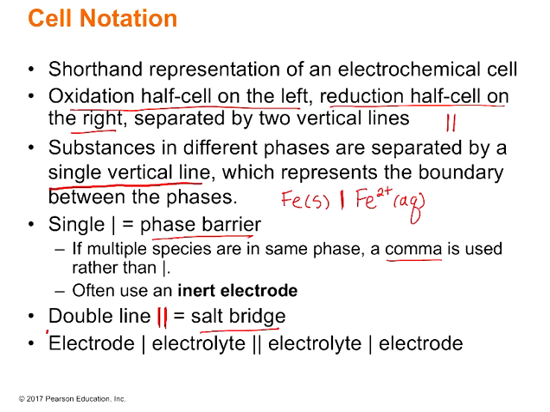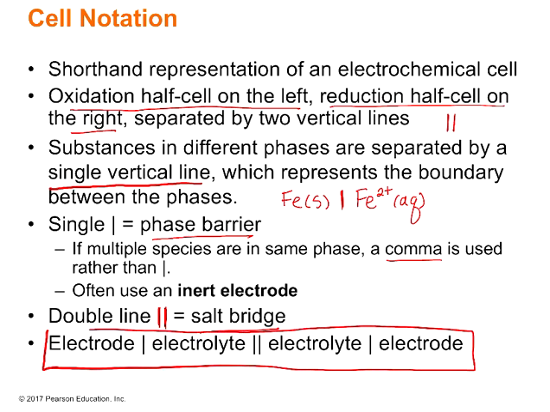So typically, you can think of the cell notation as electrode for the oxidation state first, and then we put the electrolyte for the oxidation half reaction next. Then we use those two lines to separate oxidation from reduction. And then we write the electrolyte for the reduction half reaction. And then we put the electrode for the reduction half reaction. And we're separating the electrode from the electrolyte with a single line.